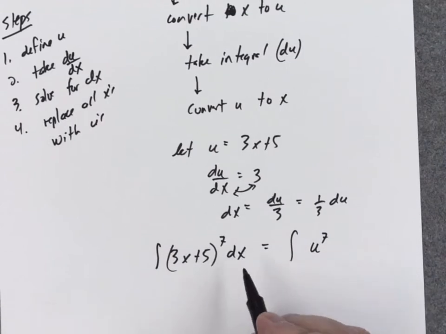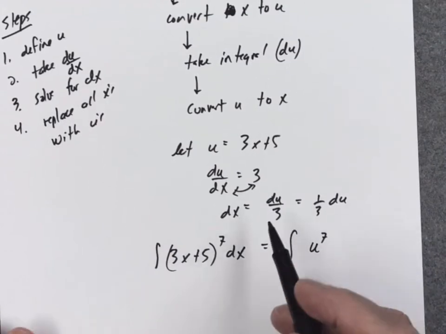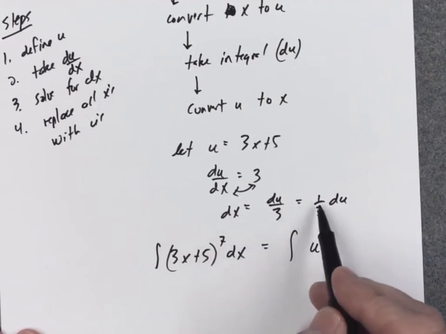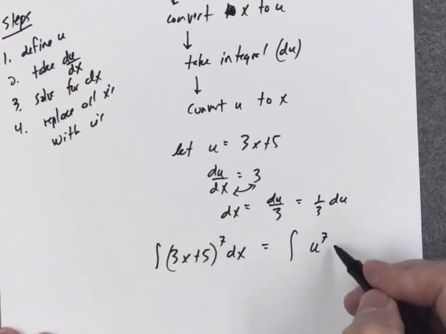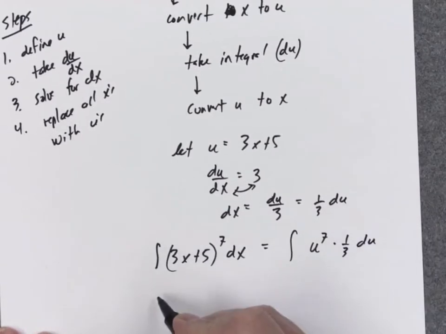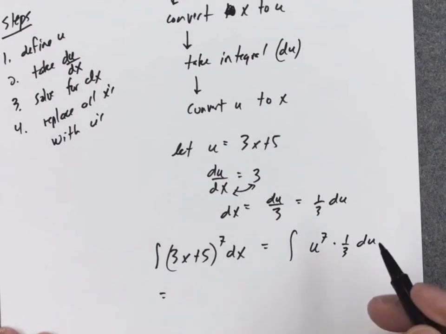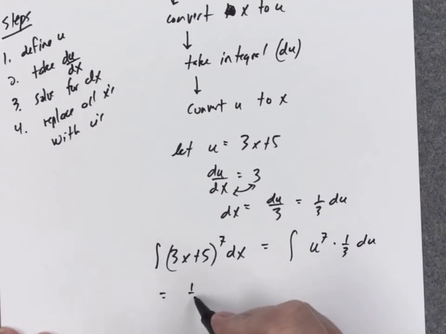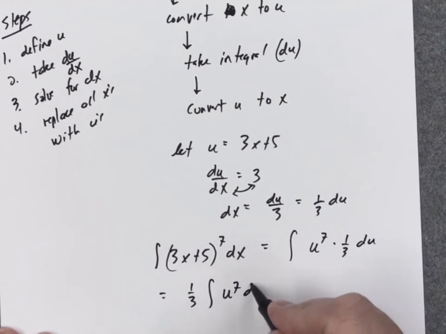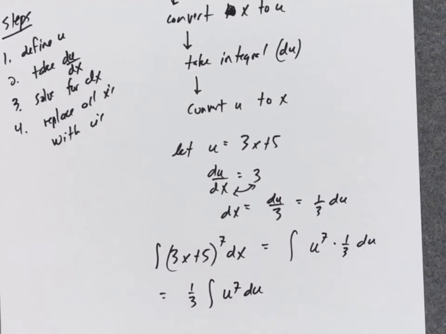Now I've got this dx here, but I solved for dx, and it's 1/3 du. So dx becomes 1/3 du. I'm going to move the 1/3 all the way outside. So this original integral, I've converted the x's to u's, and now it looks like this.